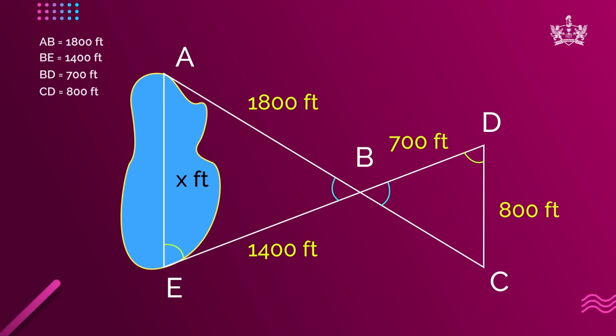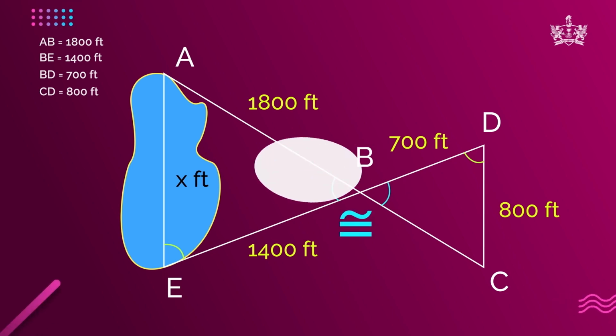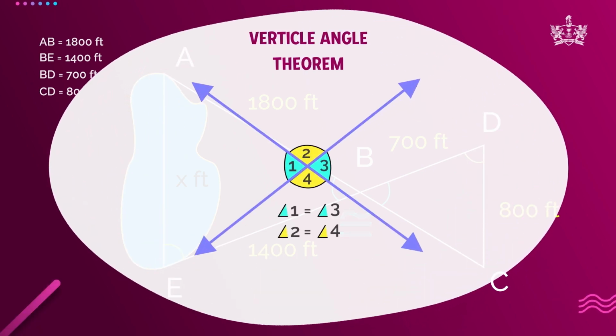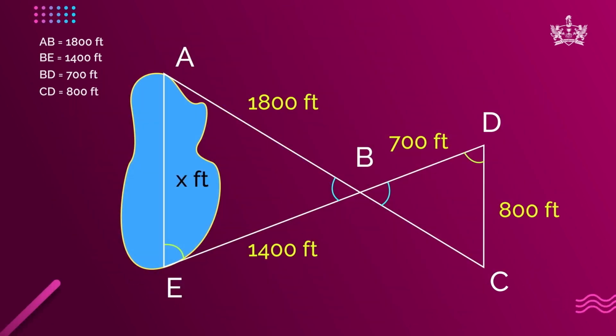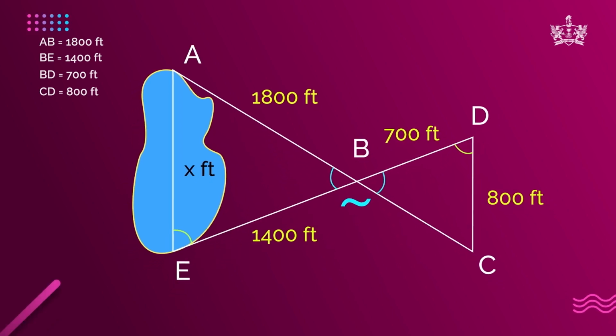How about the two angles of B? They would be congruent due to the vertical angle theorem. There we go! We've proven that the two triangles are similar. Now, all we need to do is set up a proportion.